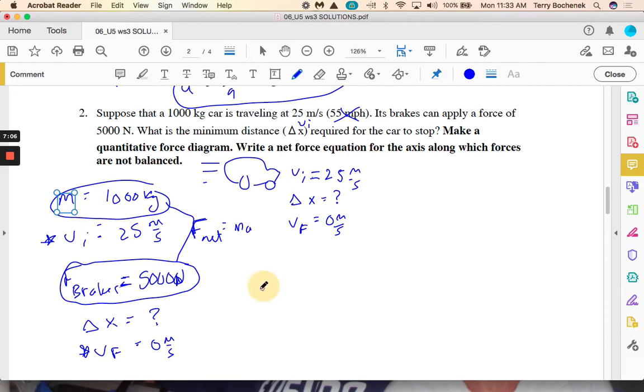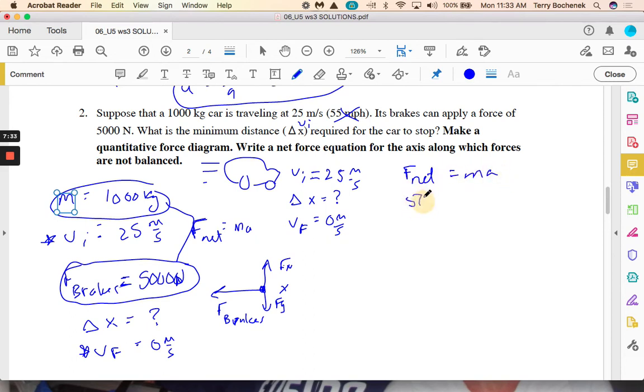So it says to use a free body diagram to do this. So force from the brakes, you got normal force, you got force of gravity. If I'm going to stop, I'm going to take my foot off the gas, so there's no forward force in this diagram, and that just tells me that F net, the braking force, equals ma.